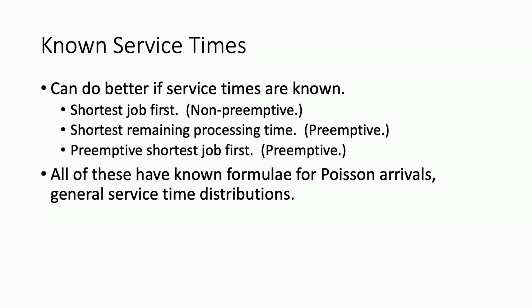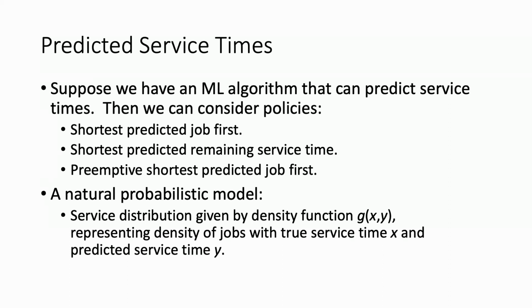All of these things have been around for a while, and the queuing theorists have figured out the formulas for Poisson arrivals and general service distributions. I got into this because of that Learned Bloom filter paper, and I was curious what we would do if we had predicted service times.